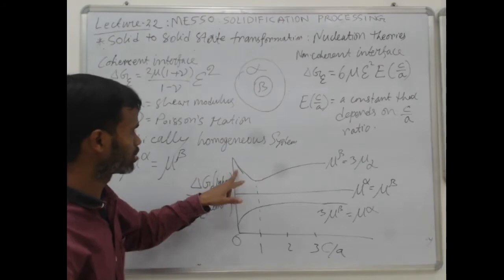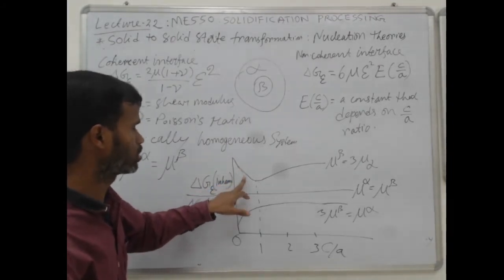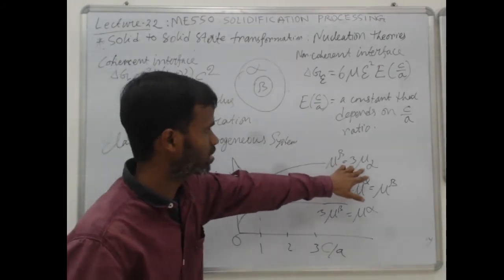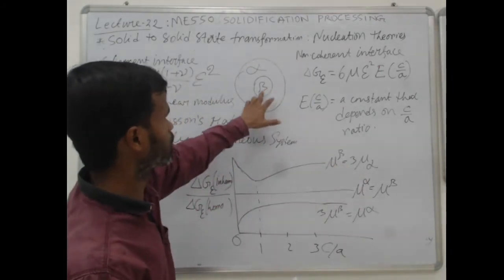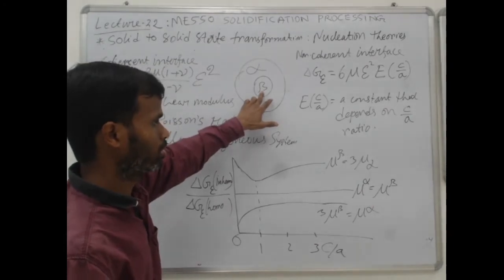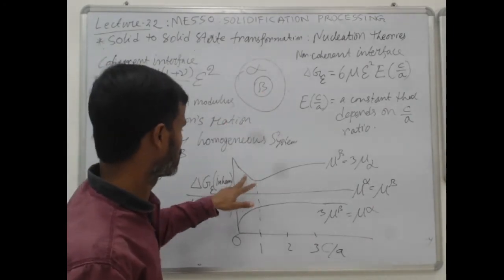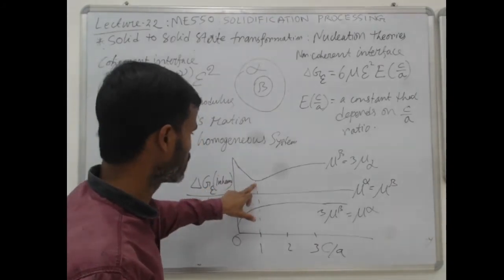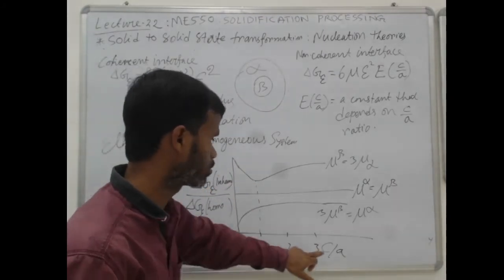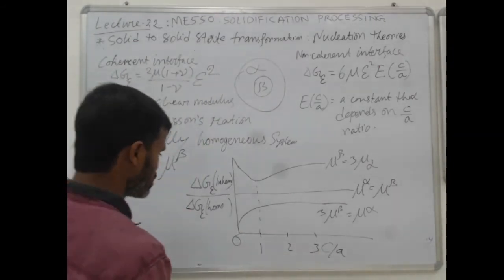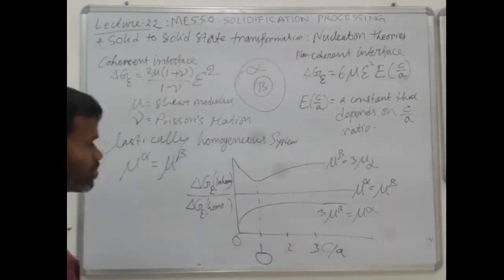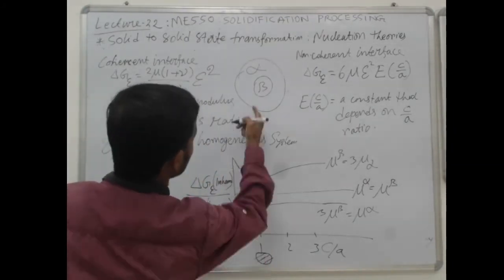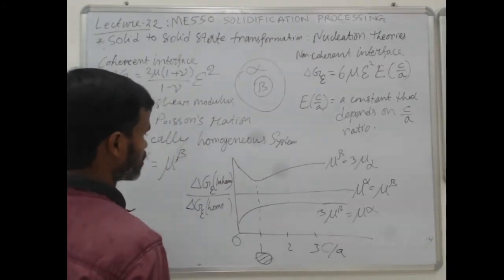But these are some results which I just took from the reference book. If you see, when the beta phase is stiffer than the alpha phase, then the energy is minimum when the C by A ratio is 1. That means when the shape is spherical, this beta shape will be spherical.